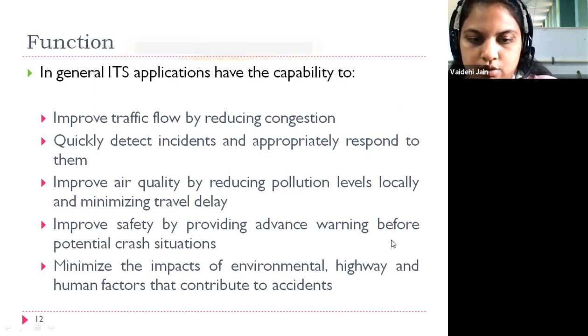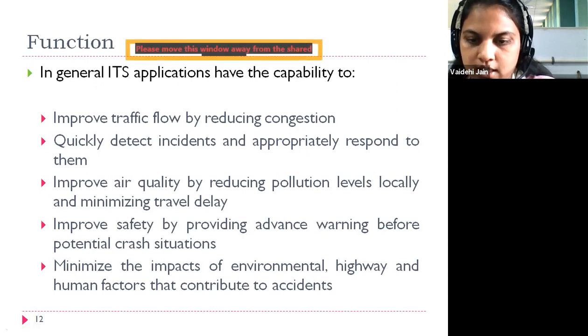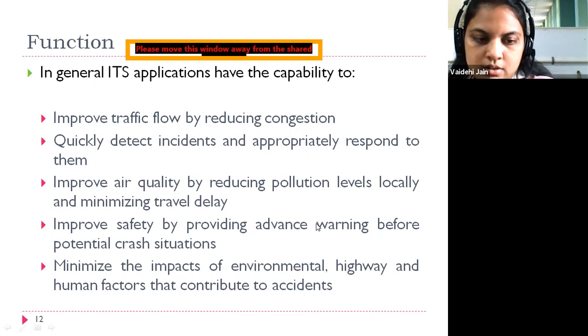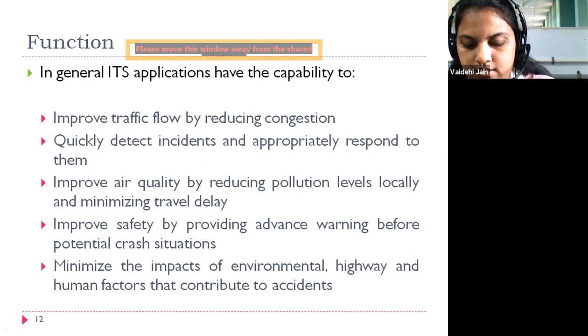With this, if we can also introduce some technology by which we can have the information about the crash situations ahead in our vehicle or in our device, it will be very helpful for safety purposes. And the last one is to minimize the impact of environmental, highway, and human factors that contribute to accidents.